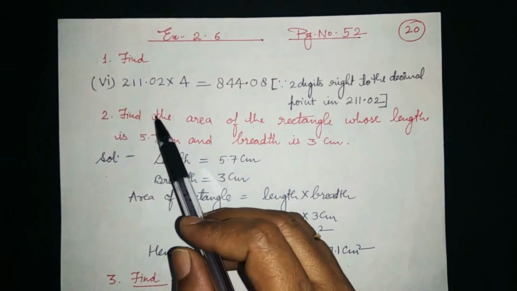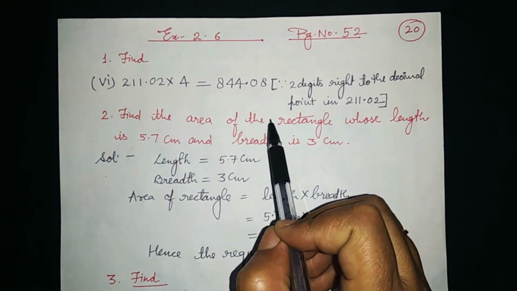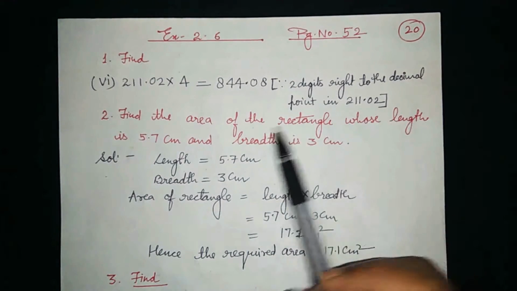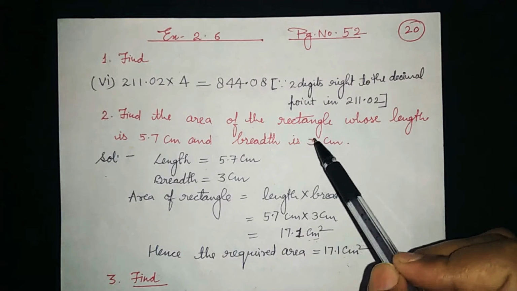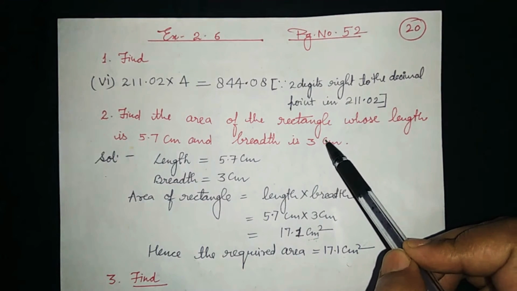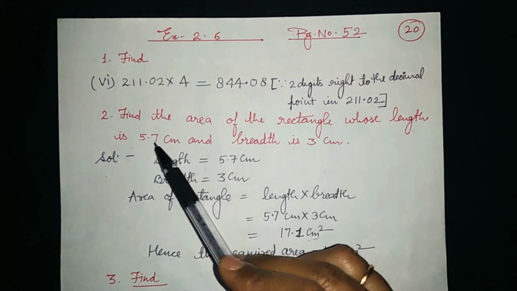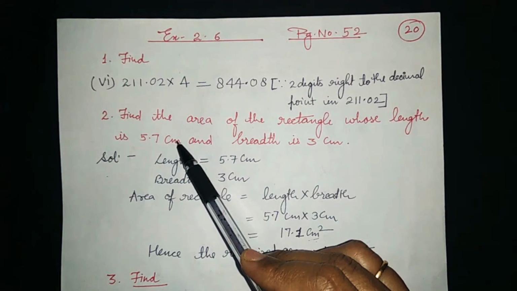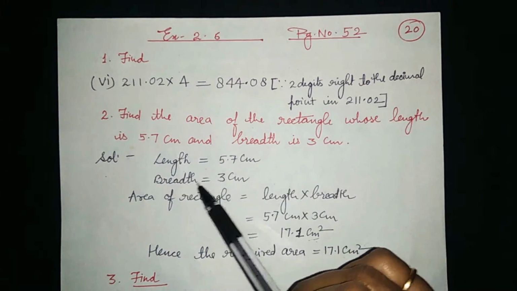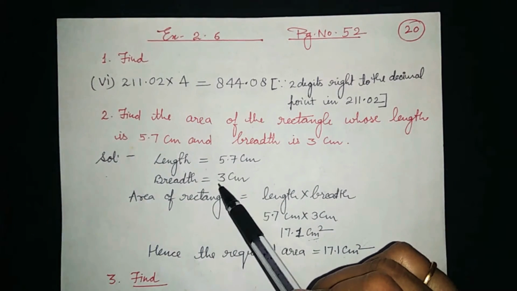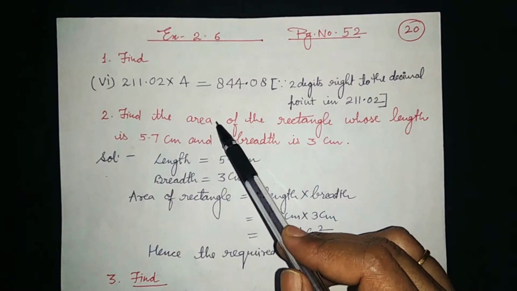Second question, find the area of the rectangle whose length is 5.7 centimeter and breadth is 3 centimeter. So what is length here? Length is 5.7 centimeter and what is breadth here? Breadth is 3 centimeter. After this we want to find out the area.